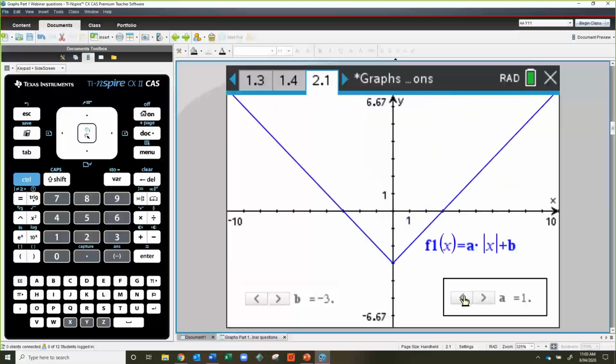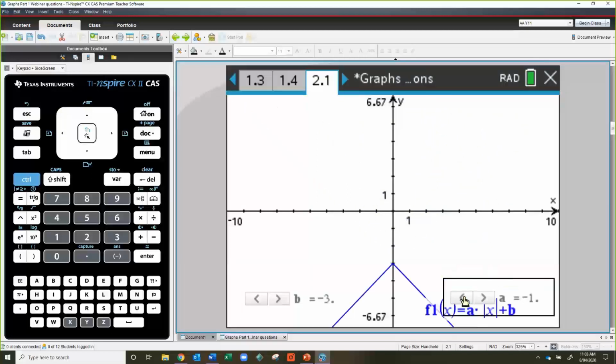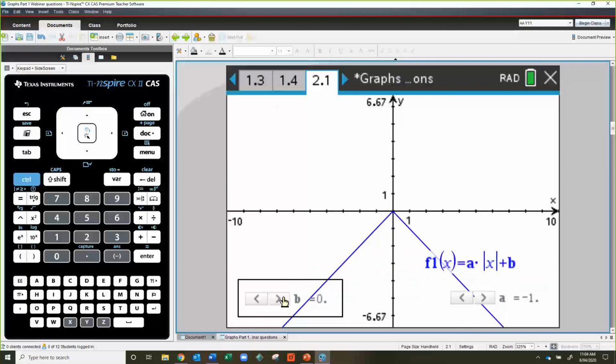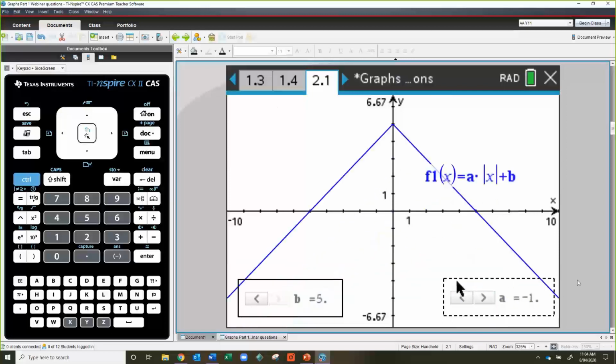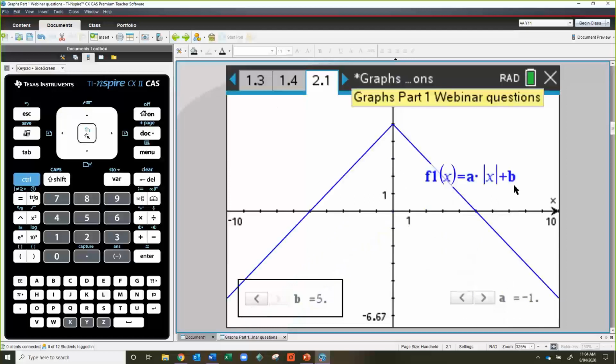If I, again, do negative a, then the graph will be reflected in the x-axis, because this is the vertical translation, and a negative is the reflection in the x-axis.